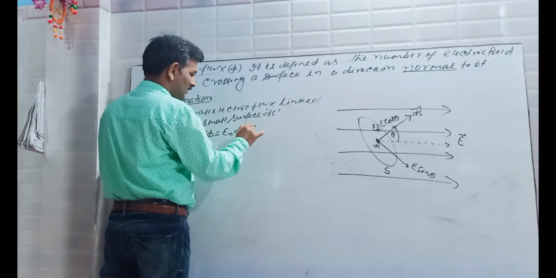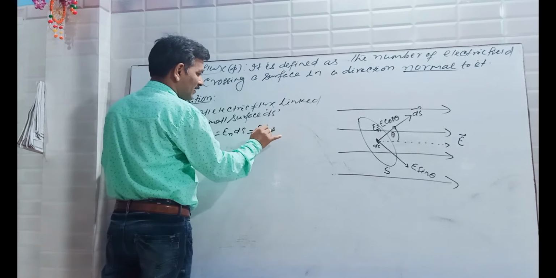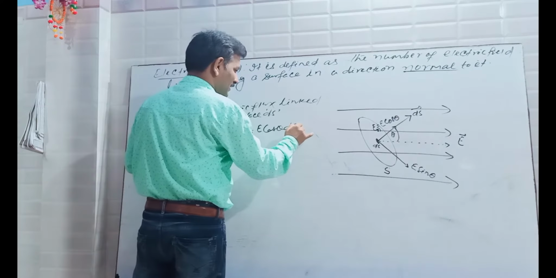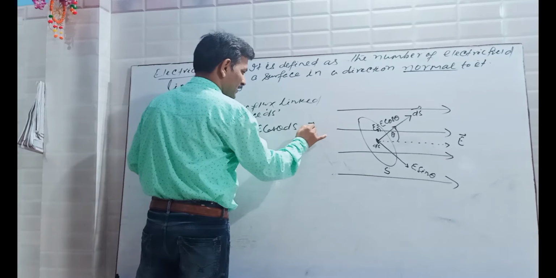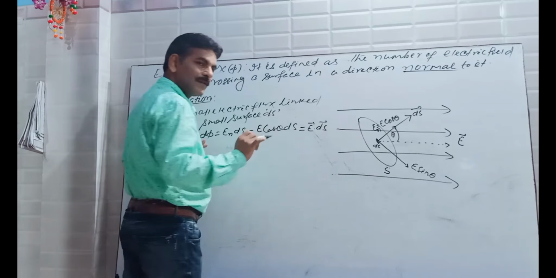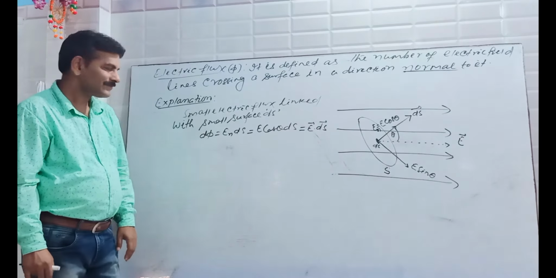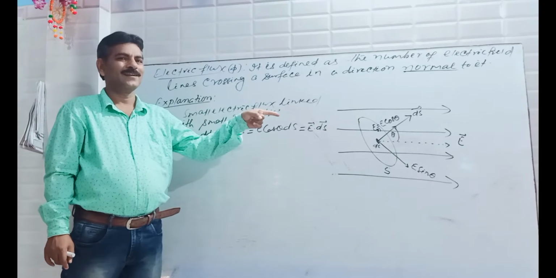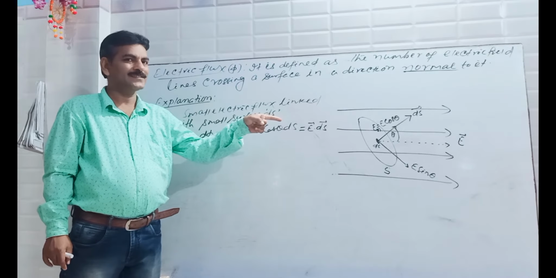So what is En? E cos theta ds. Or we can write this as E dot ds. So this is the small amount of electric flux linked with the small surface ds.